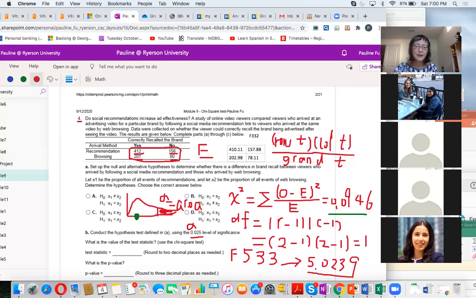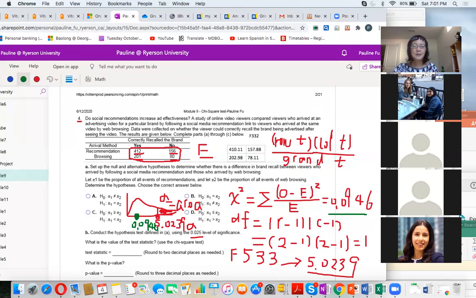Okay, so this point is the critical value, 5.0239. And this point is 0.09. Obviously, the test statistic is not in the rejection region. So you do not reject H0.